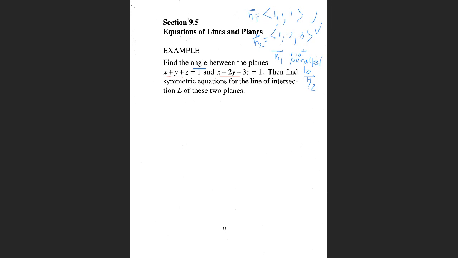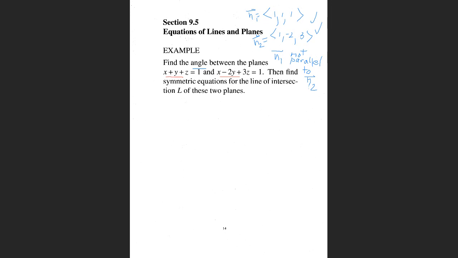These two planes intersect, so there's an angle between the two planes at the line of intersection. If the planes were parallel, this problem wouldn't make sense. So I think we agree the two planes have to intersect in a line, right?